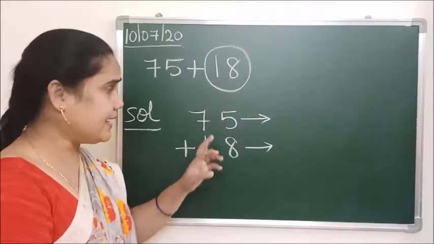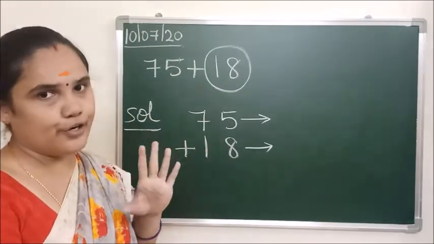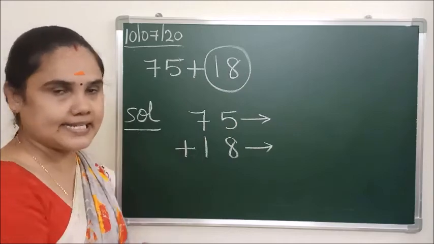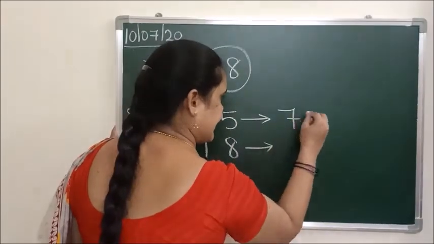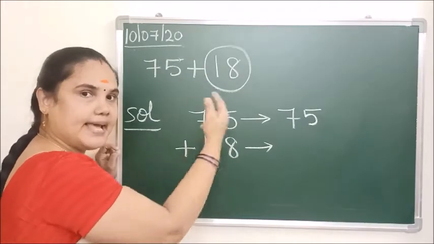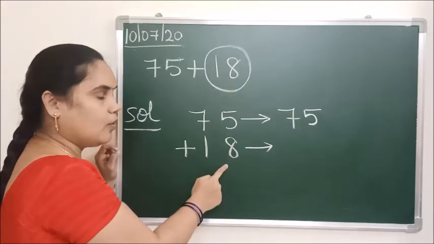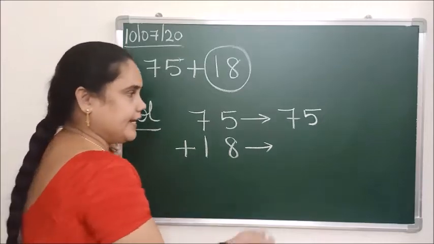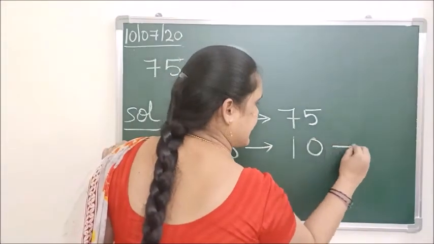Do we write expanded form for the bigger number? No, we have to write it as it is, children. 75. See, 18 is the smaller number. Write the expanded form of that number. What is the expanded form of 18? 10 plus 8.